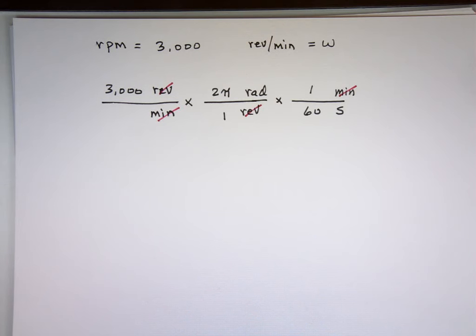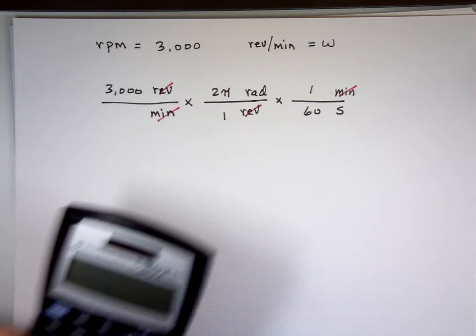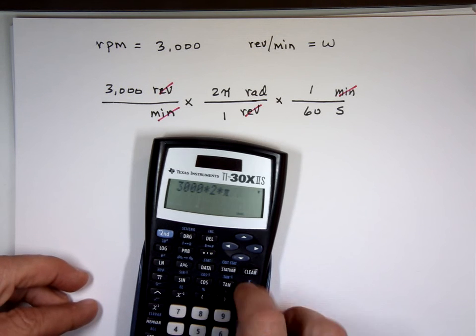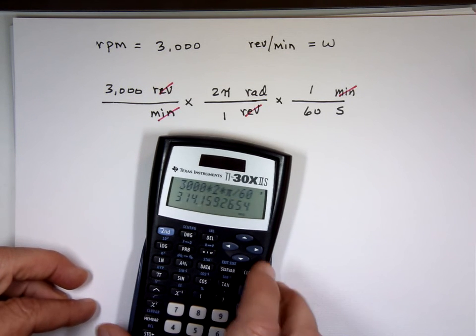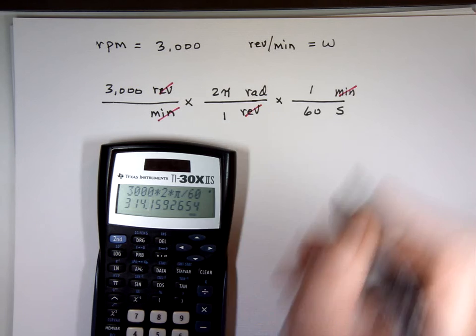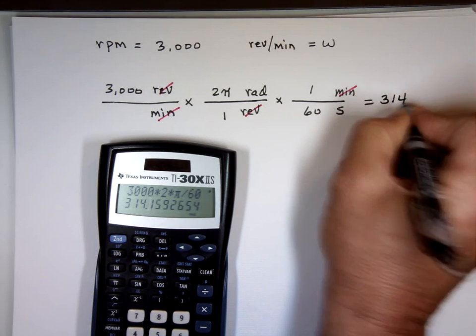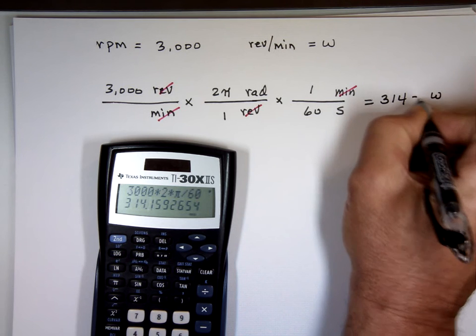Where's pi here? I know there's pi somewhere on this calculator. Can't see it. Oh, big button right there. Divided by 60. So my W here is really 314 rad per second.